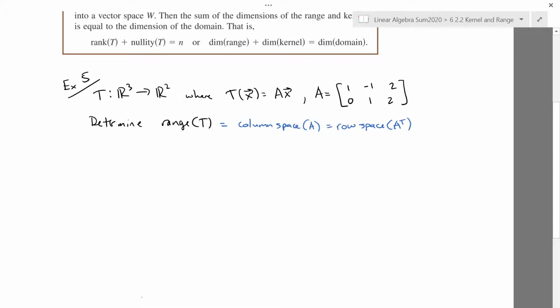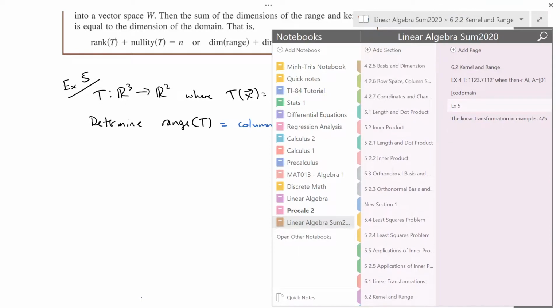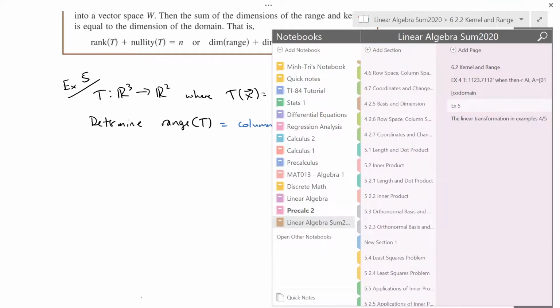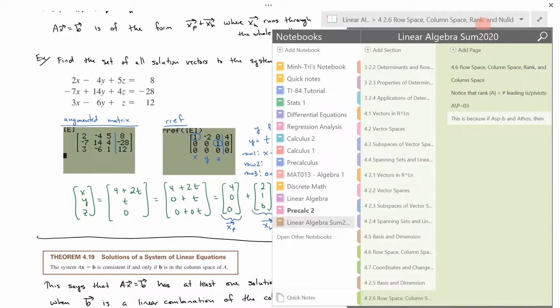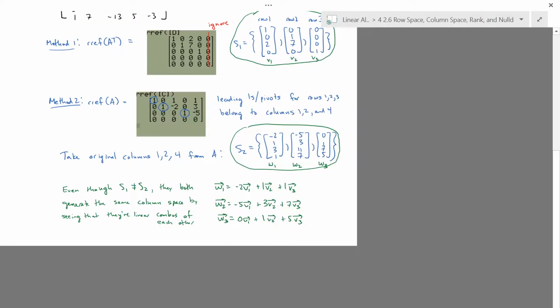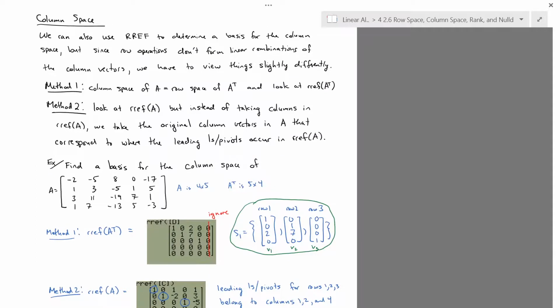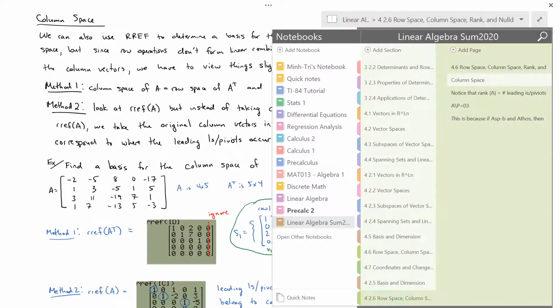So in section 4.6, there were two methods of finding the column space. Method one was that the column space of A is the same thing as the row space of A transpose, and then there was a second method. In this example, we're going to use method one, but it doesn't really matter. You can use either method.